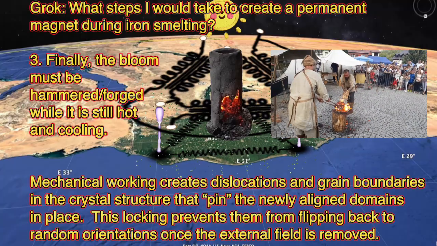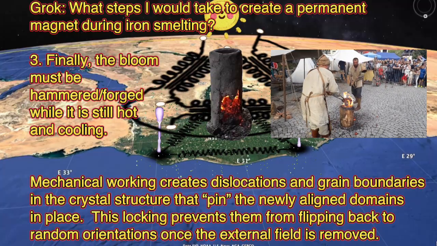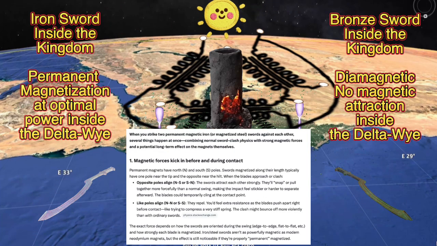And if you struck the iron bloom at all right out of the furnace, you would increase and cement the permanent magnetism created by the delta Y. To make things even better, the strength of the magnetism would be greatest if the iron of that bloom stayed inside the magnetic field of the delta Y, making swords of iron useless within the kingdom, since they would be magnetically aligned to the delta Y, and upon impact with another iron sword, would experience the attractive forces of magnetism. You would be challenged to strike again.